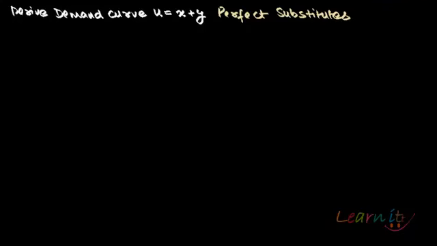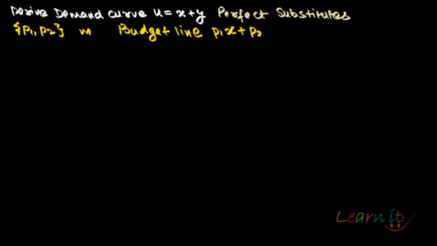Now assume that the price vector is P1, P2, and the income of the consumer is M. So what is the budget line? The budget line is P1x plus P2y equals M. This is the budget line of the consumer.